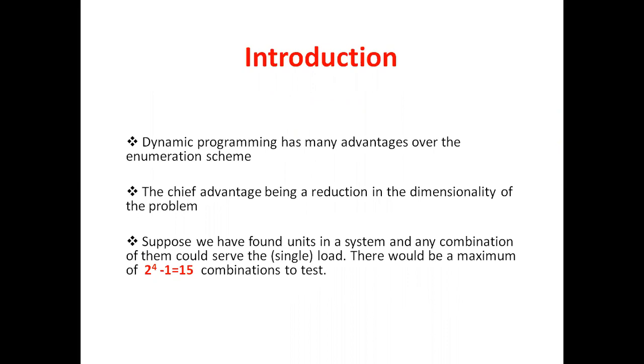Suppose we have four units in a system and any combination of them could serve the load. There will be a maximum of 2 to the power 4 minus 1, that is 15 combinations to be tested if there are 4 units in a system.